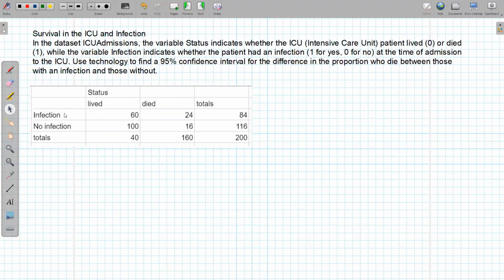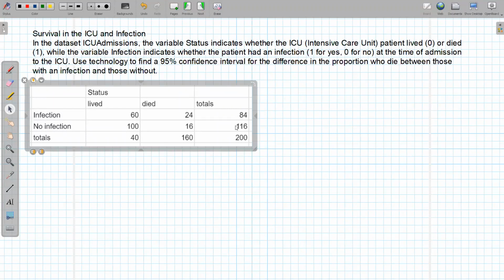So if we look at the infection row here, there was altogether 84 people in the ICU out of 200 that had an infection, and 64 of them lived and 24 died. In the ICU, from these 200 people, 116 of them had no infection, 100 of those lived, and 16 of them died.